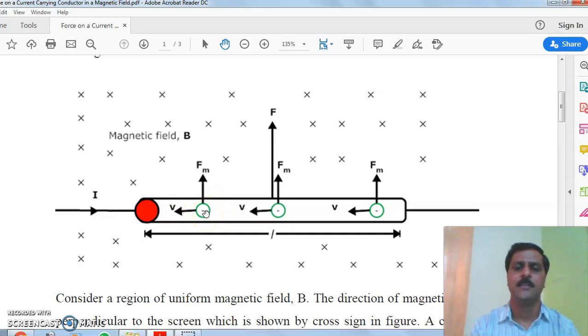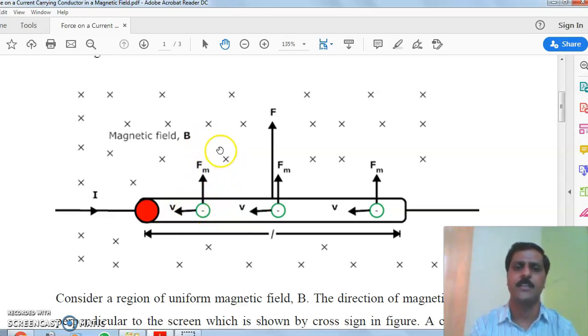And the force experienced by the free electron within the conductor is also at 90 degrees. That means the velocity with which the electrons get drifted, the force experienced by these electrons, and the magnetic field, these three components are mutually perpendicular to each other.